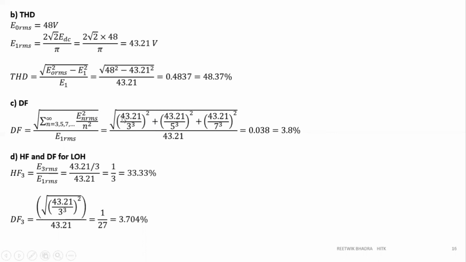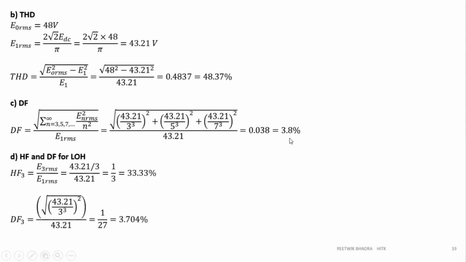So En RMS is replaced by E1 RMS by n, so n comes in the denominator. This becomes n cube, so 3 cube. So 43.21 by 3 cube, whole square. Similarly over here, fifth harmonic, 5 cube, and in the numerator is 43.21. Over here also 43.21 divided by 7 cube. You can go on increasing your harmonic order and find out the value. And substitute over here, that gives you your 3.8.